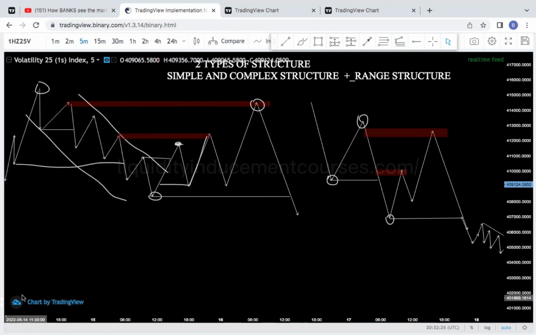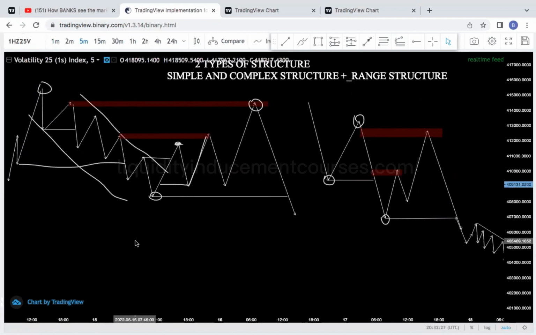Tomorrow is Wednesday. Tomorrow we should be continuing with the characteristics of major liquidity. There are still lots of things on structure we'll be talking about. The concept of liquidity is still inside of structure. I cannot talk about liquidity without structure and structure without liquidity, because everything that happens in structure is the creation of liquidity.